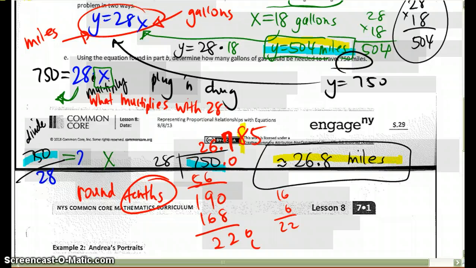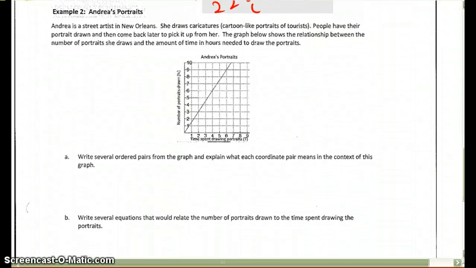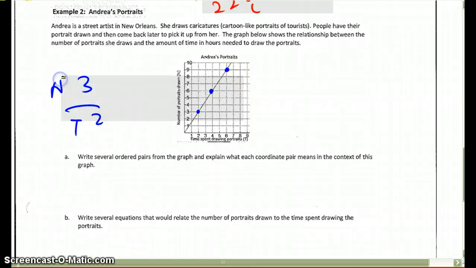Good job. Now on the back side, we're going to go kind of quickly through this worksheet. So feel free to pause when you need to. Now, we're going to look at all the ordered pairs here. I can see there's a dot here, there's a dot here, here. Okay, I see a 2 for the time, and a 3 for that, a 4, and a 6.